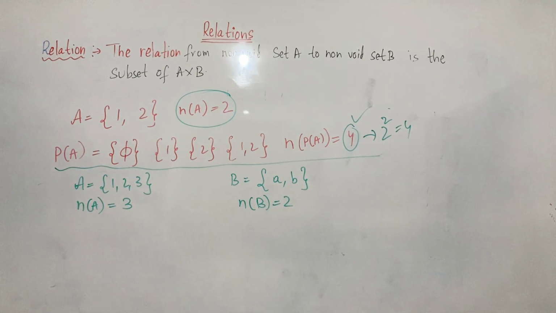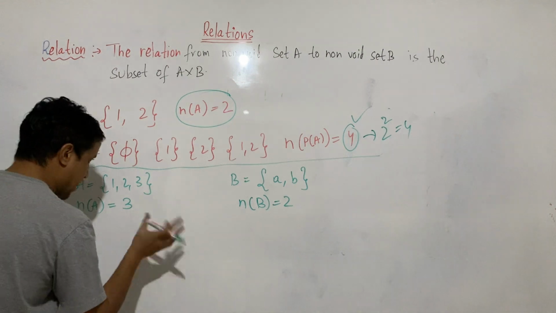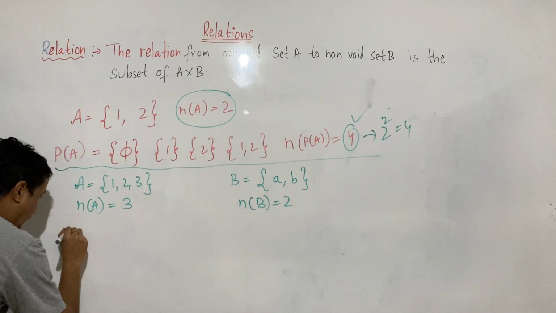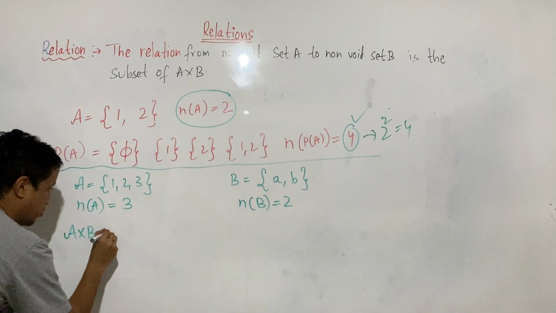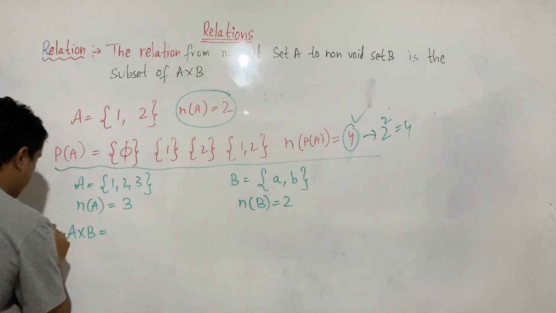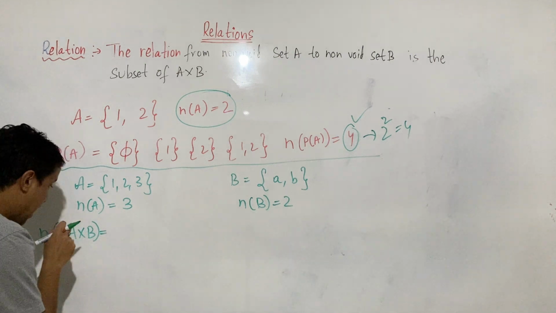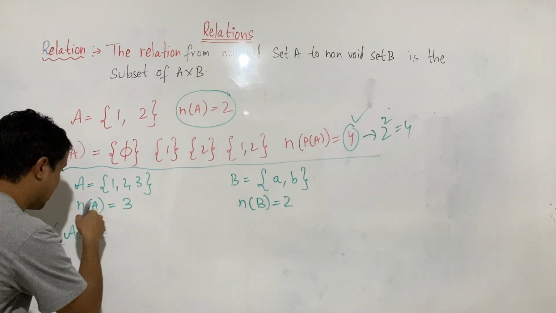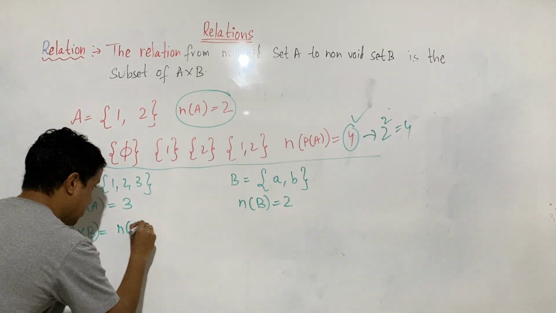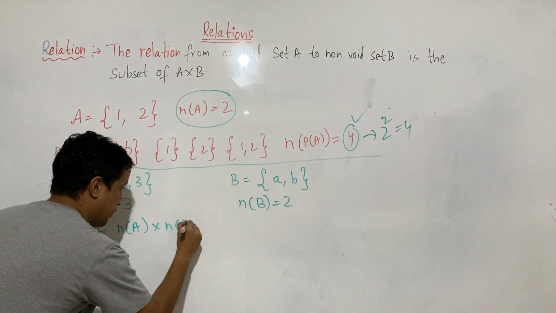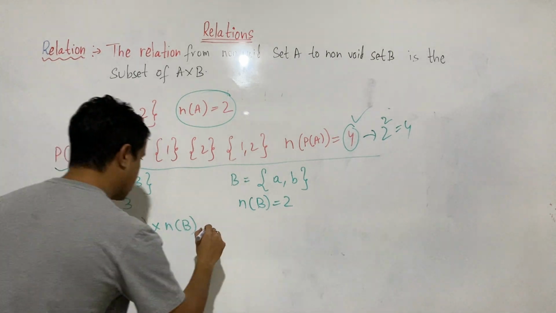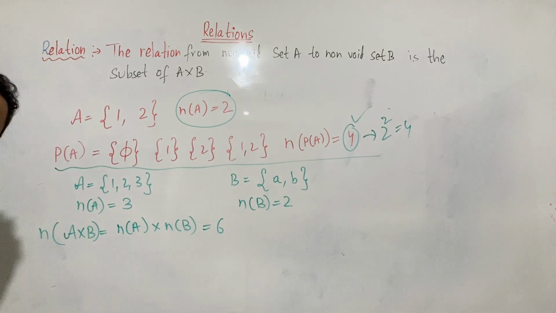Now if I have to find A cross B, the Cartesian product, then the number of elements in it should be n(A) multiplied by n(B), which is equal to 6.